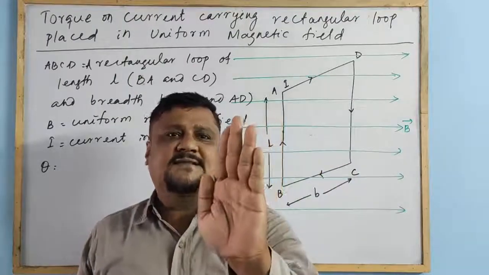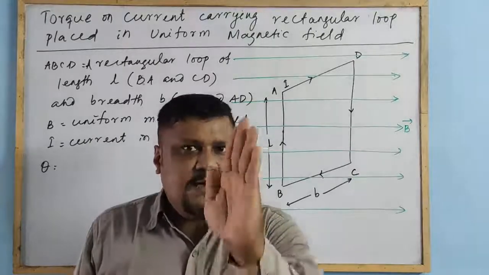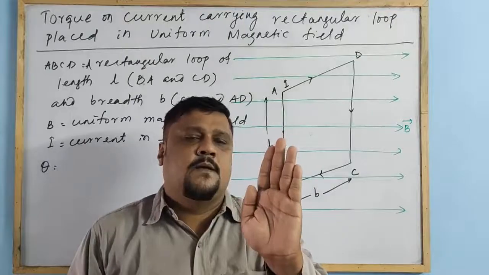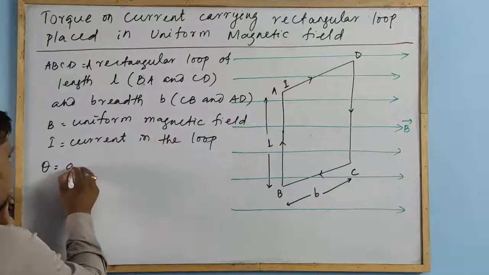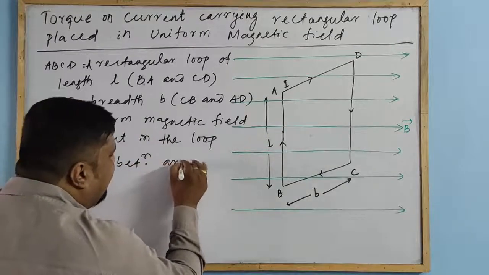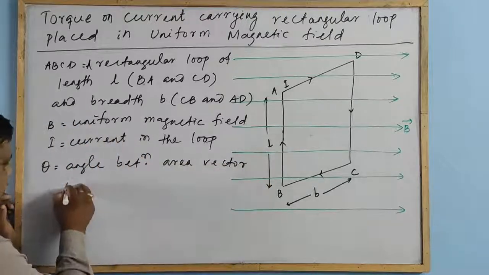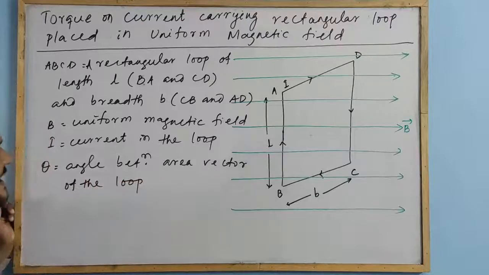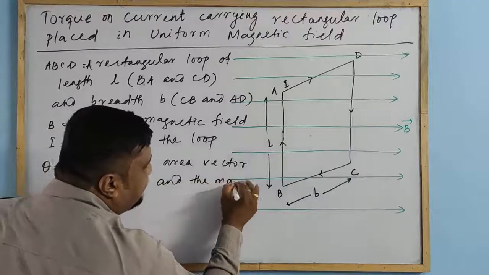Now the loop is placed like this, suppose, at some angle to the magnetic field, and let theta here be the angle between the area vector of the loop and the magnetic field.